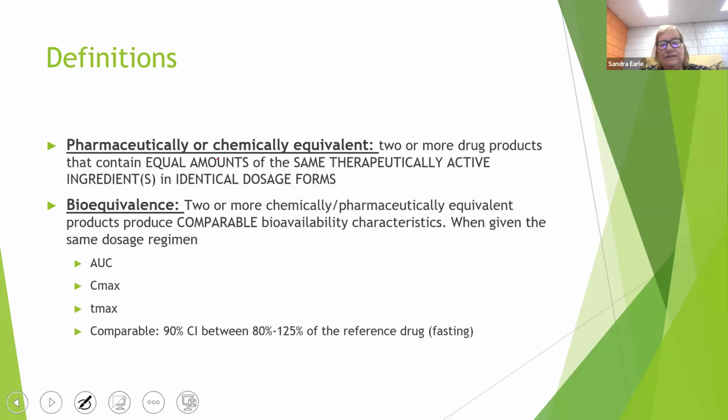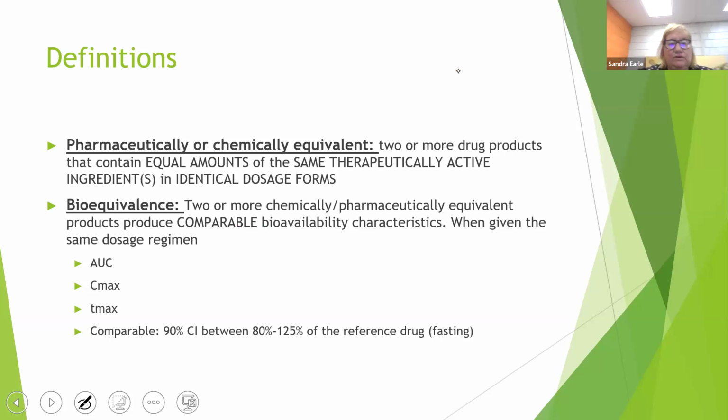So bioequivalence is when you have two or more of these pharmaceutically equivalent compounds that produce comparable. Now, notice the word comparable. It doesn't say equal, does it?